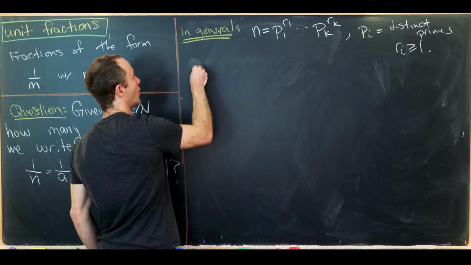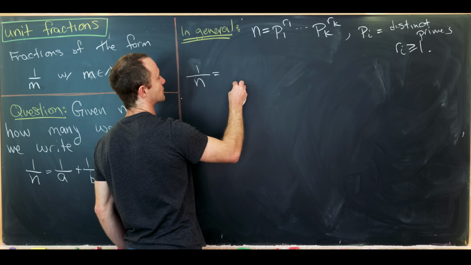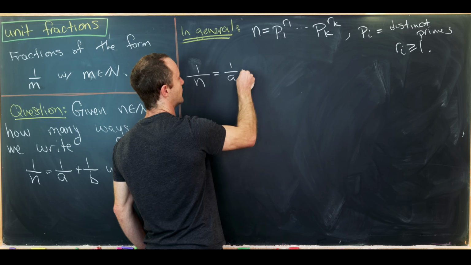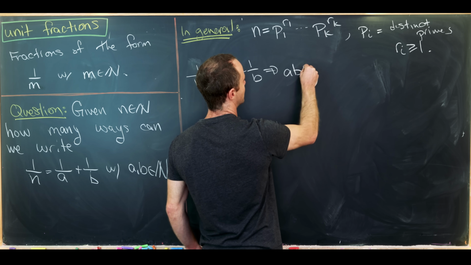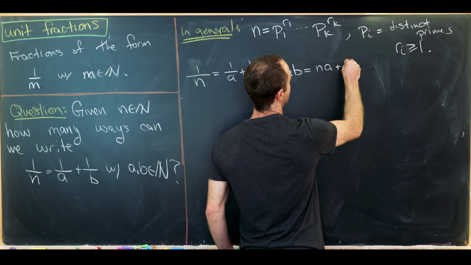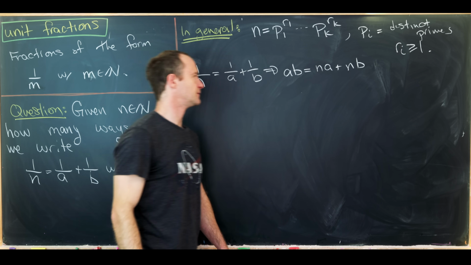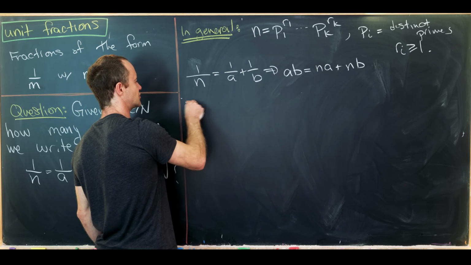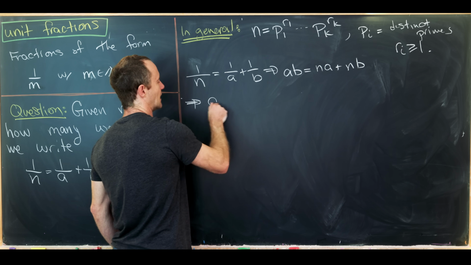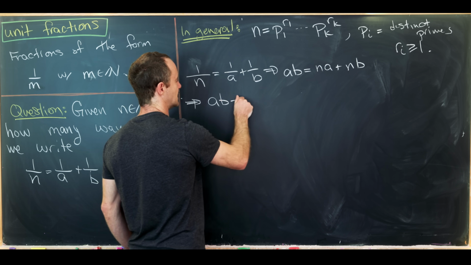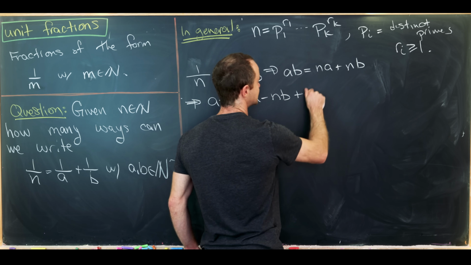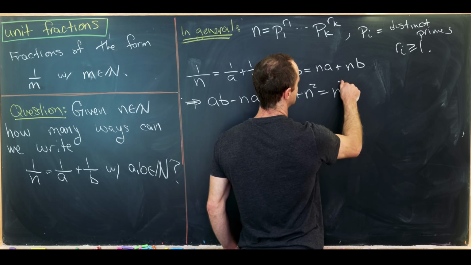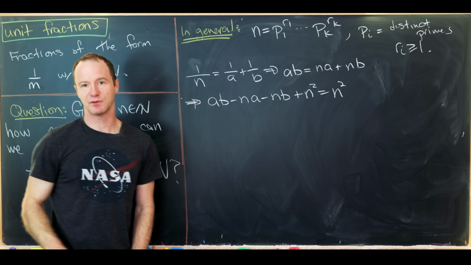Now we'll take 1 over n and we seek to write that as 1 over a plus 1 over b, but that means we have a over b is equal to na plus nb. So now we can move some things around just like we have done before, and we'll get a times b minus na minus nb plus n squared is equal to n squared, just as before.